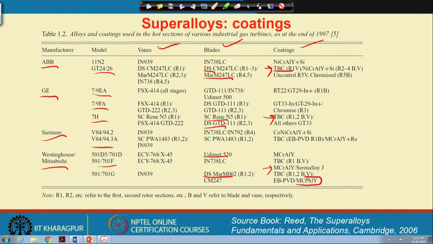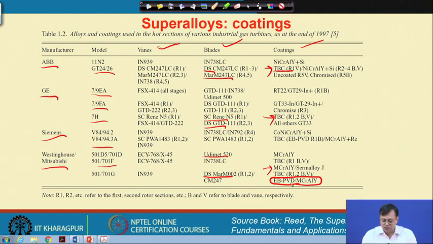This is a typical composition for the electron beam physical vapor deposition of a chromium aluminum yttrium type of coating. So, for all these industrial gas turbines, we have seen the role of various nickel based alloys and their specific purpose, and also in competition with cobalt based and iron based superalloys.